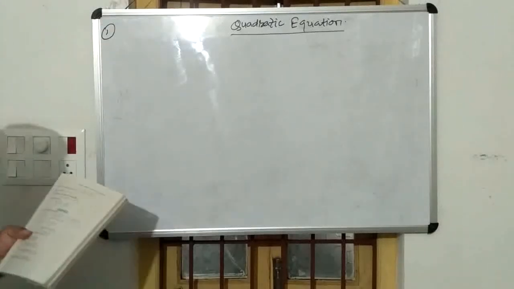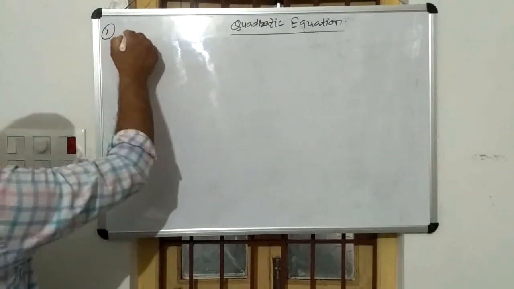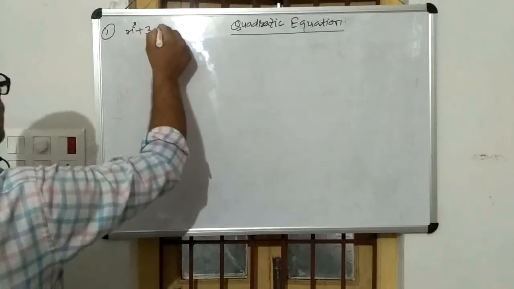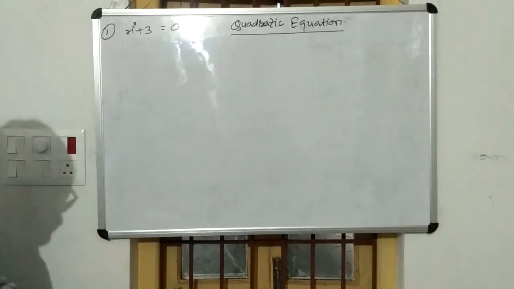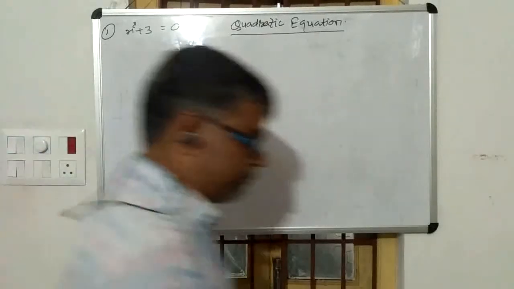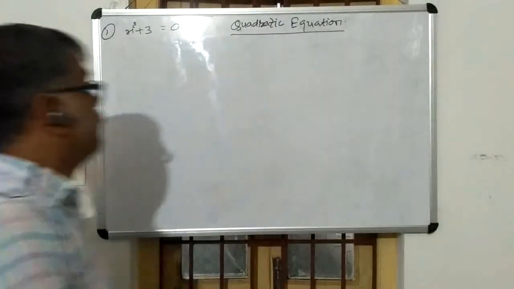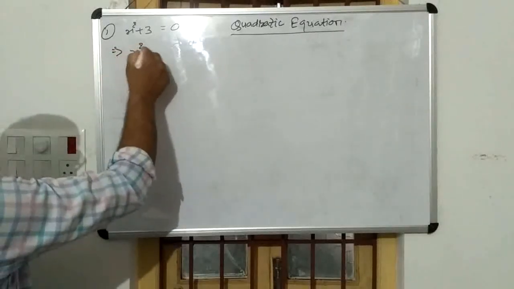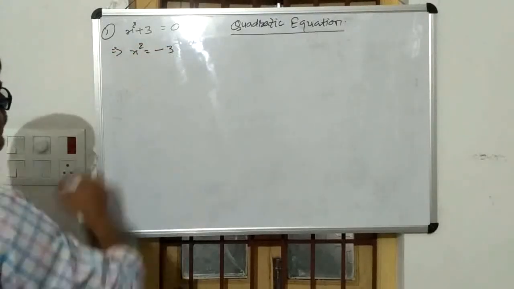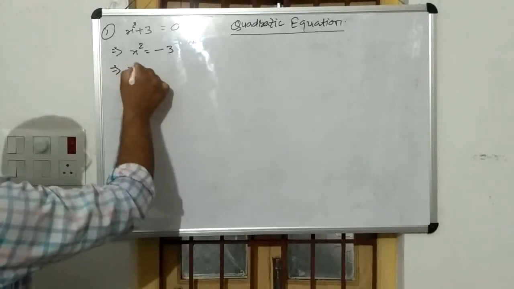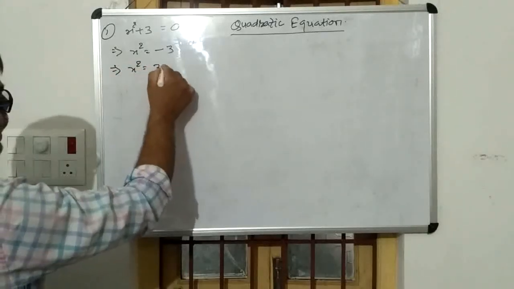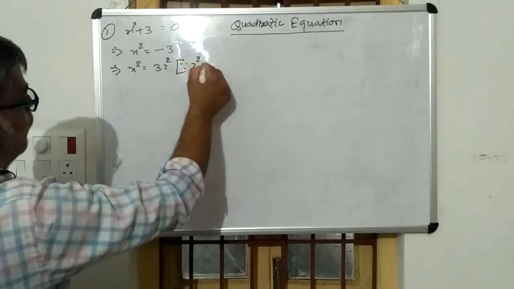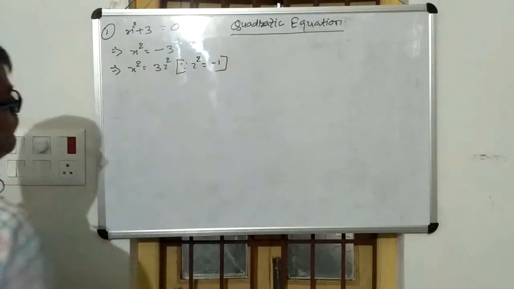The question number 1 is x square plus 3 equals to 0. This is a very simple equation. So when you solve it, you can write x square equals to minus 3, which you can write as x square equals to 3i square, because you know that i square equals to minus 1.